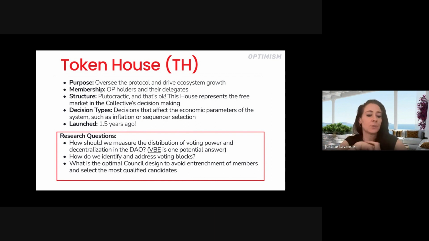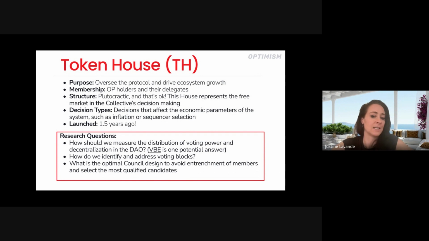Some of the research questions that we have to think about in a token house is how to measure, quote, decentralization or the distribution of voting power in the token house. We're probably going to create an RFP to get multiple researchers to propose different ways to measure this. It's difficult.